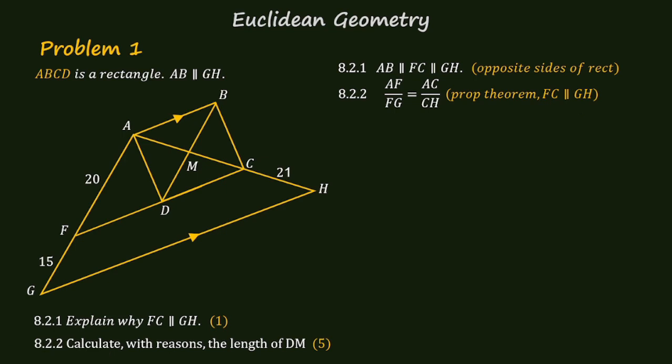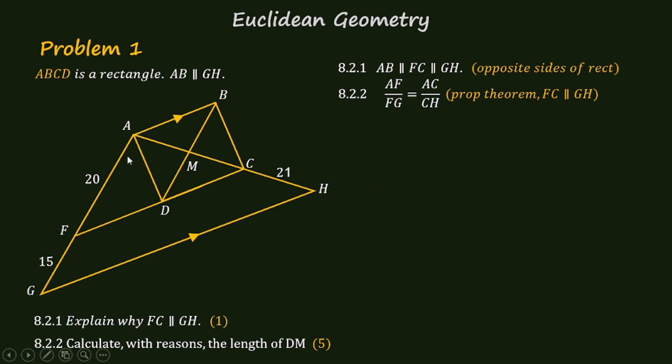But why are we doing this? We are doing this because we want to find the length of AC. Once we find the length of AC, it will help us to find the length of DM, the DM that they are looking for here. So we use this ratio in order to find the length of AC.